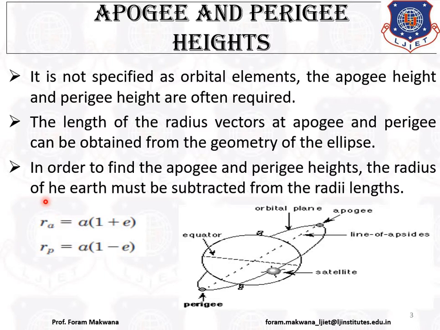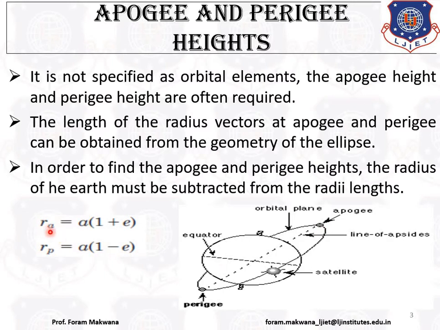RA stands for radius of apogee and RP stands for radius of perigee. It is calculated from the center of the earth. This is RP and the distance from this point to this point is called RA.